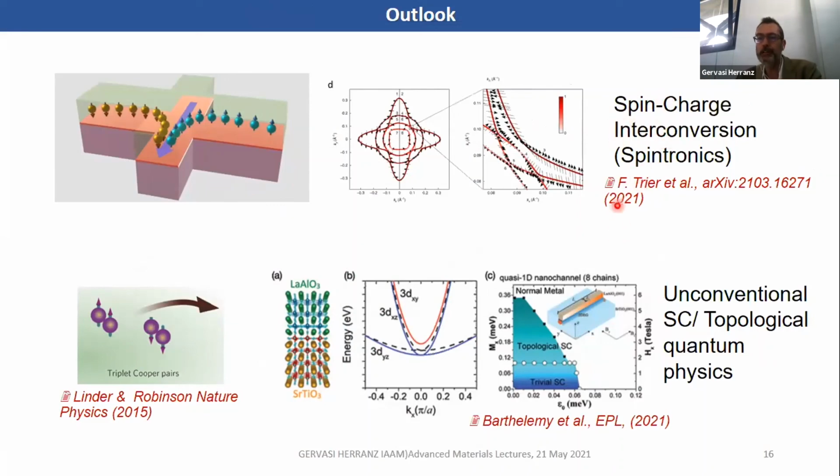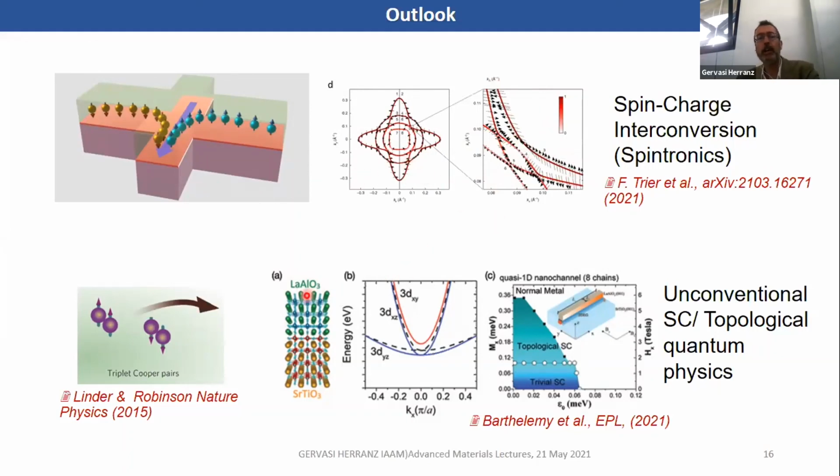Recent findings, you can, for instance, check this very recent publication, which is a nice review about this spin-charge interconversion in these systems. And this could be used for spintronic applications.